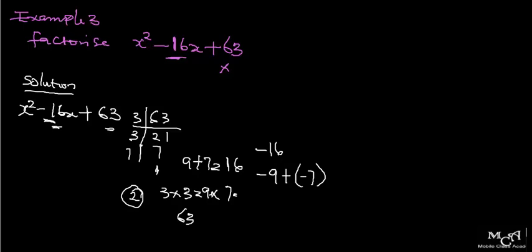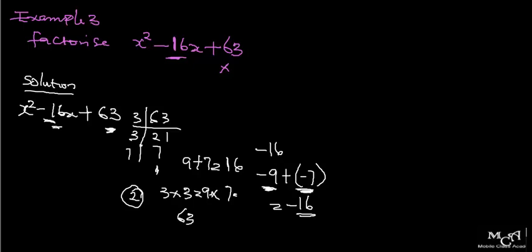Negative 9 plus negative 7 will give us negative 16. So the replacement for our negative 16 will be negative 9 and negative 7. And guess what? When we multiply negative 9 and negative 7, it is going to give us positive 63.